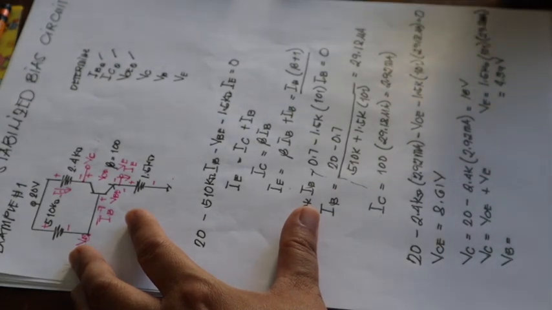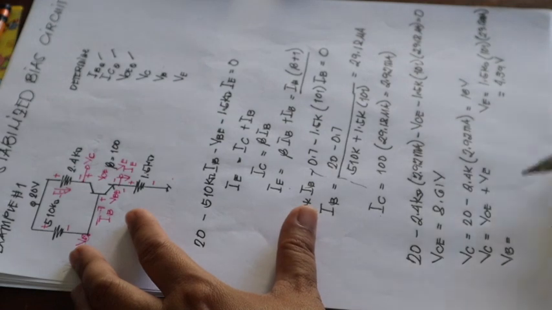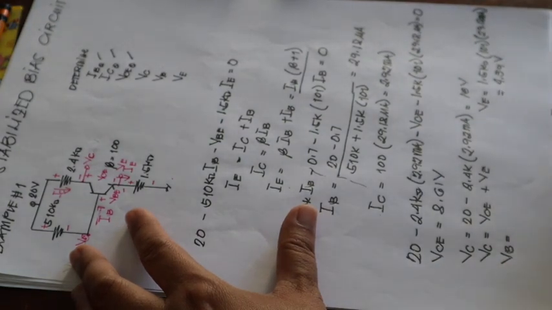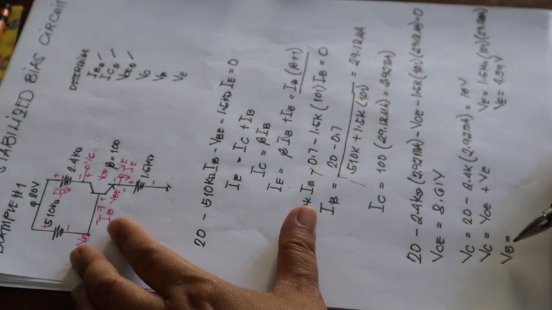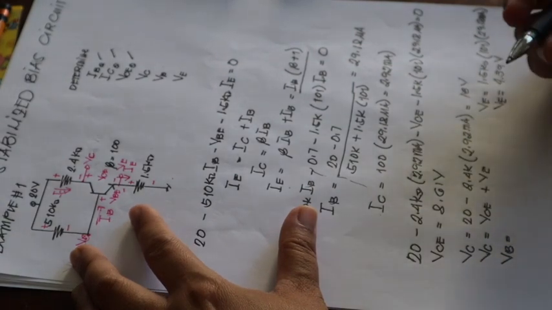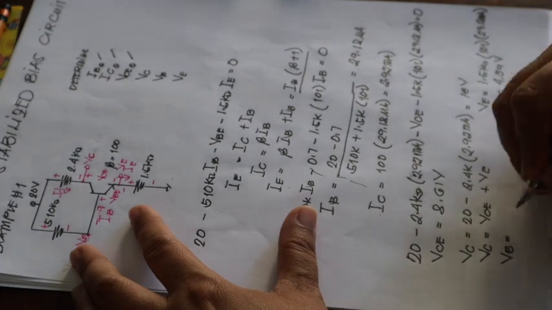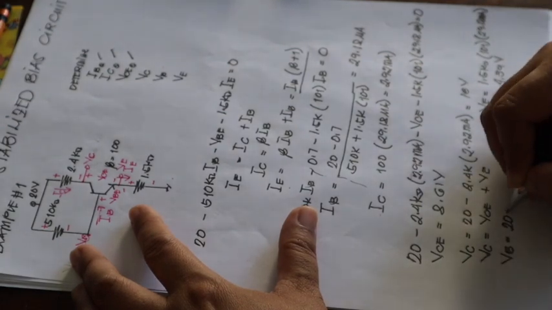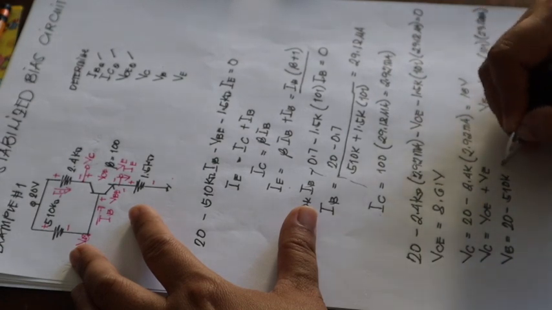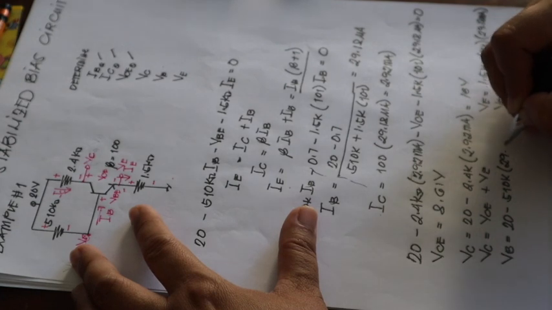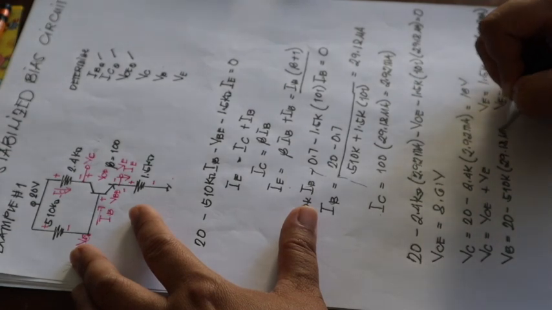So, VE now is equal to 4.39 volts. Okay? So, going back to the VB, how do we solve that? Just like what I have said, there are two ways. Pwedeng 20 less 510K multiplied by IB, which is 29.18 microamp.